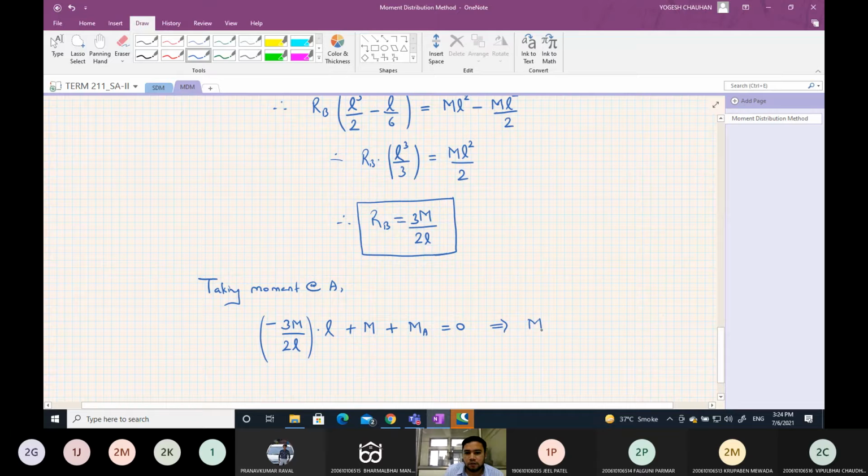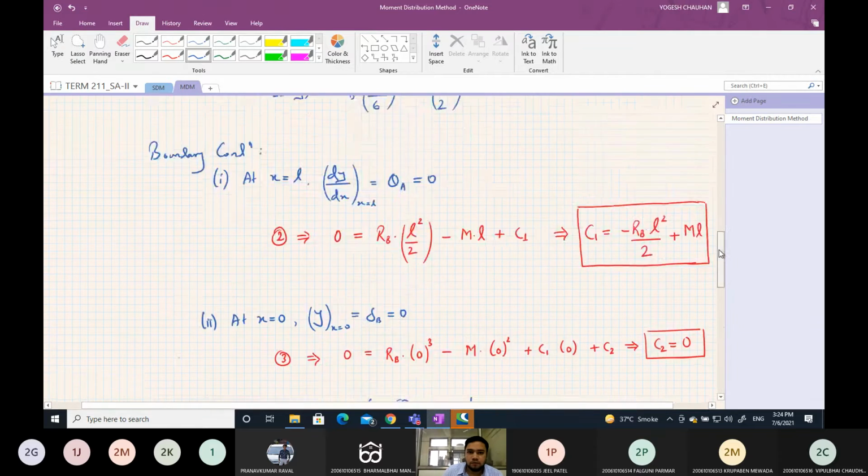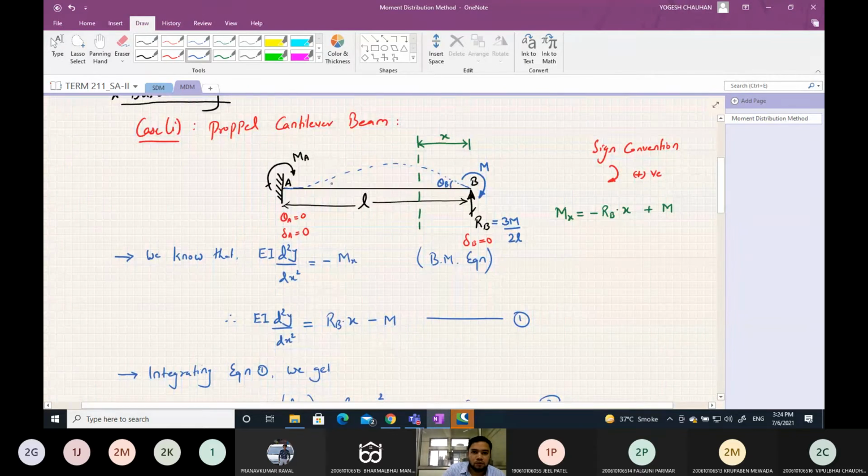So this implies MA is equal to, this gets cancelled, you will have 1 minus 3 by 2, so that is M by 2. MA is equal to M by 2. So this value comes out to be M by 2.